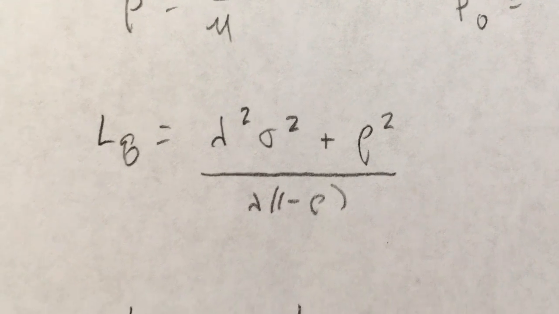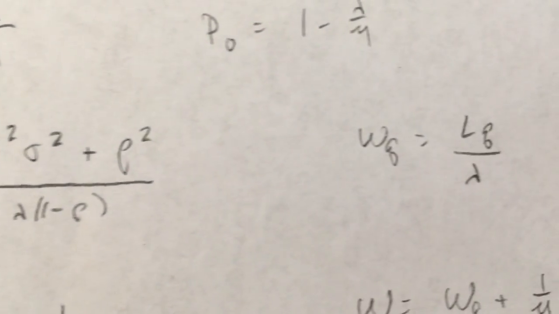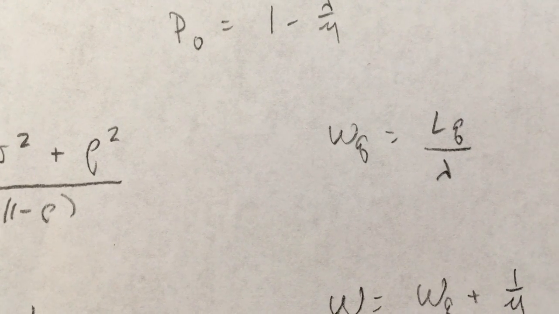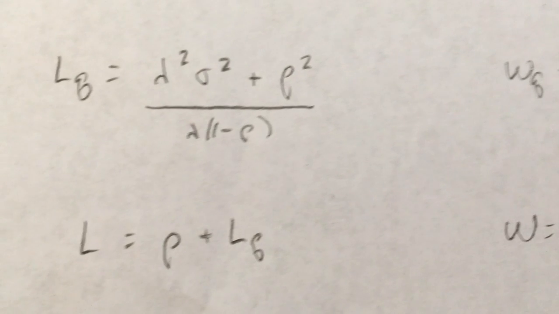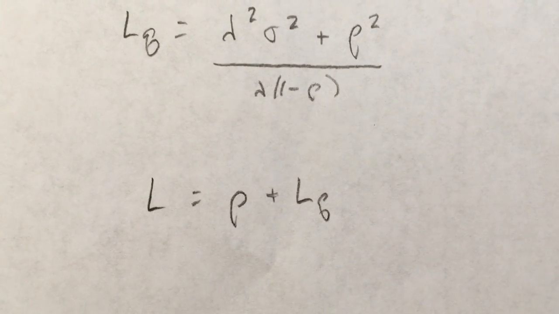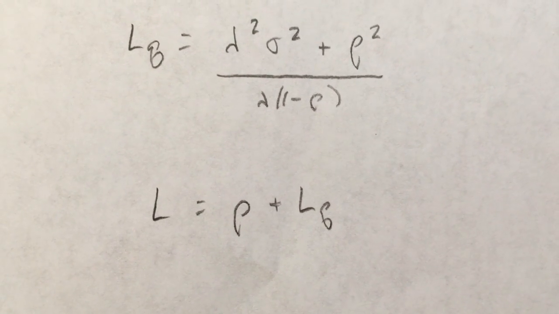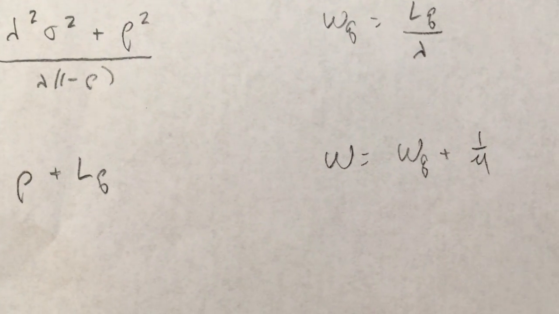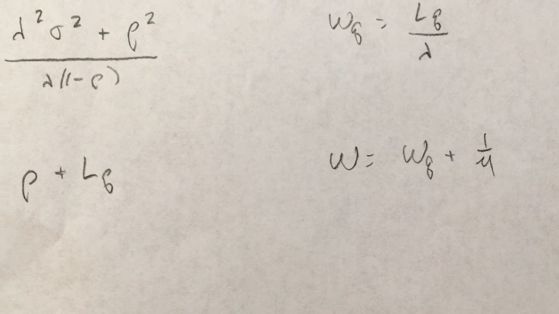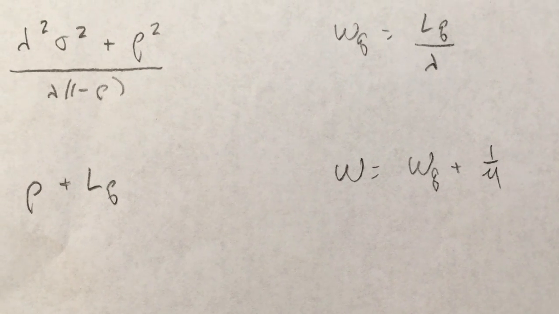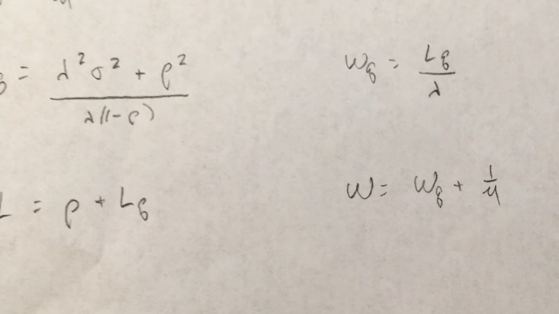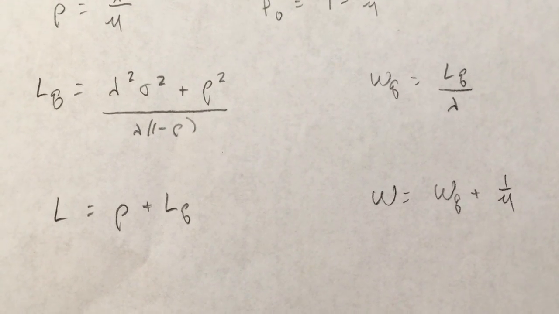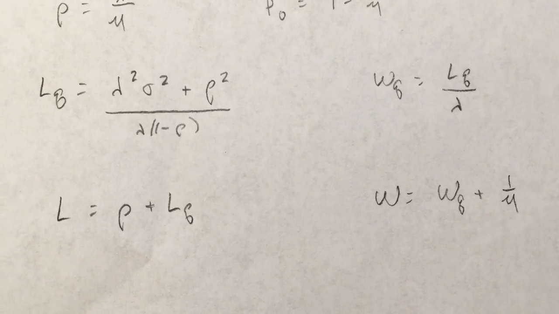And from LQ, you can solve for WQ, the average wait time in the queue. You can have your equation for L. Once you've got LQ, it's just rho plus LQ. And you've got W as well, your average time spent in the system by each customer. So here are your 4 equations that you need to analyze these M/G/1 queues.